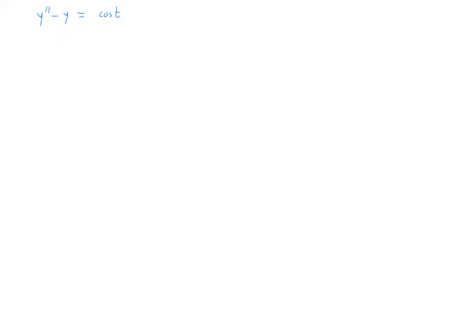Okay, let's do this together. This is quite simple. What do we have? We have r squared minus 1 is equal to 0, which means r is equal to 1 or -1. So the homogeneous, sometimes I like to denote it like this, YH for the solution of the homogeneous is C1 e to the t plus C2 e to the -t.